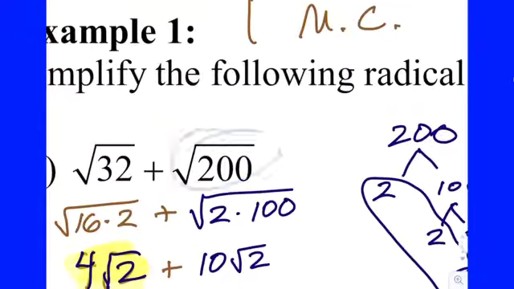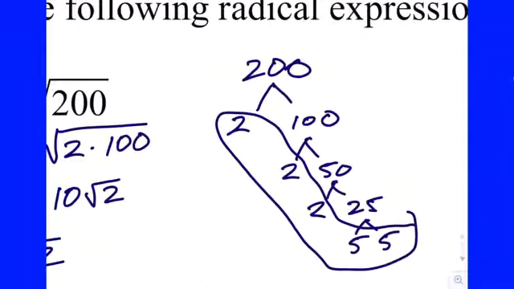What you do then is you look at the root index, and of course if nothing's written there, it's implied to be a 2, right? A square root. That number in the root index tells you how many like factors on the inside become one of those type of factors on the outside. So pairs. Notice I have a pair of 2's here, so I could bring one of those on the outside.